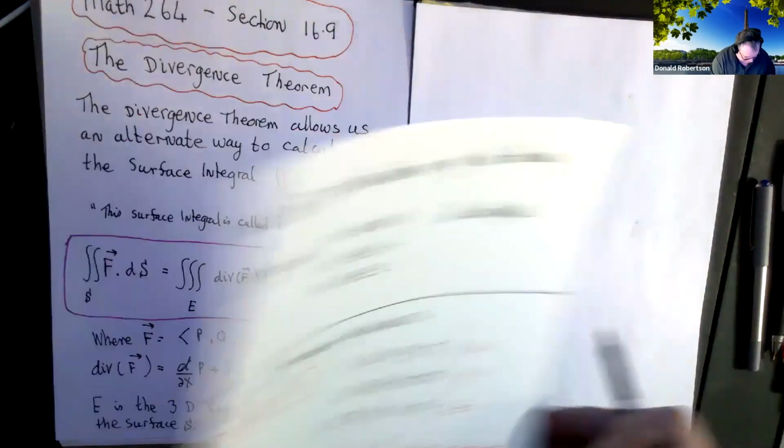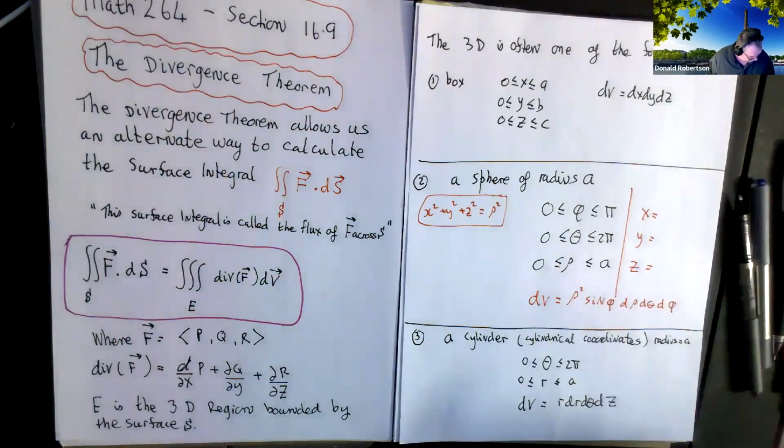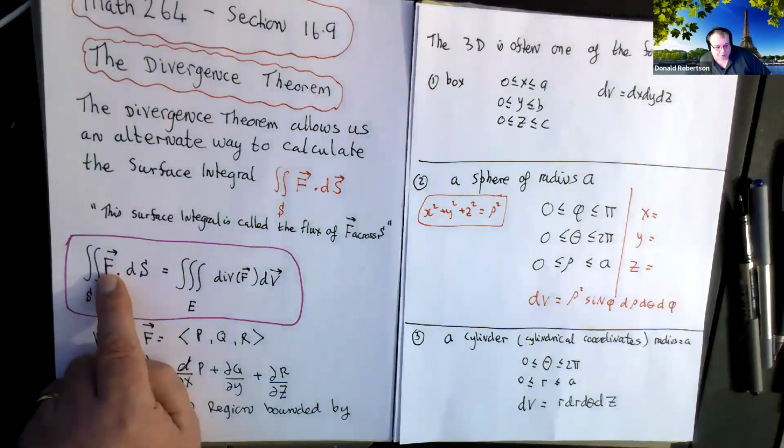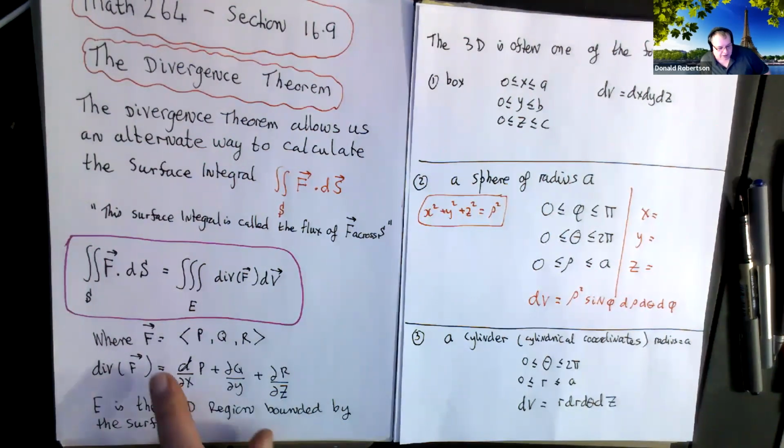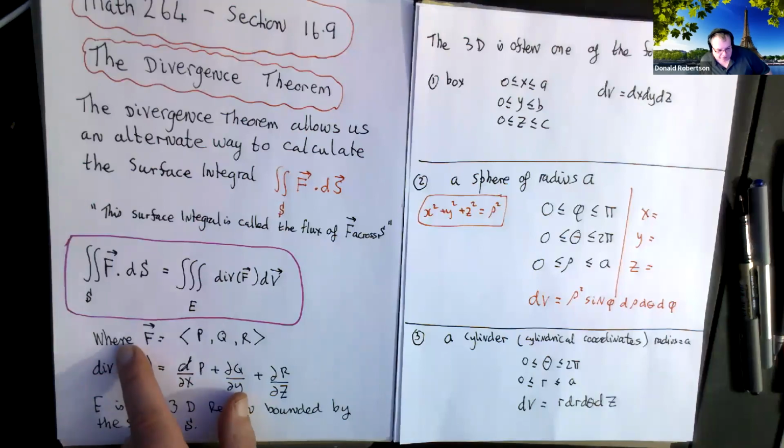So what we typically get in these questions is that you're going to be told what the vector field is, and it's going to be some x, y, z, some x, y, z. In this case, these are just placeholders for functions of x, y, and z: P, Q, R. And you're going to calculate the divergence of it.